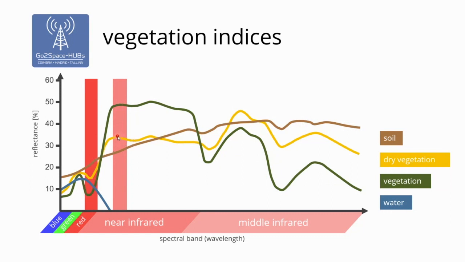Also, when we look at this dry vegetation line, this contrast is much lower than for healthy vegetation. So it's not only to identify objects, but also to evaluate the state, the condition of the object. So this is how they work.